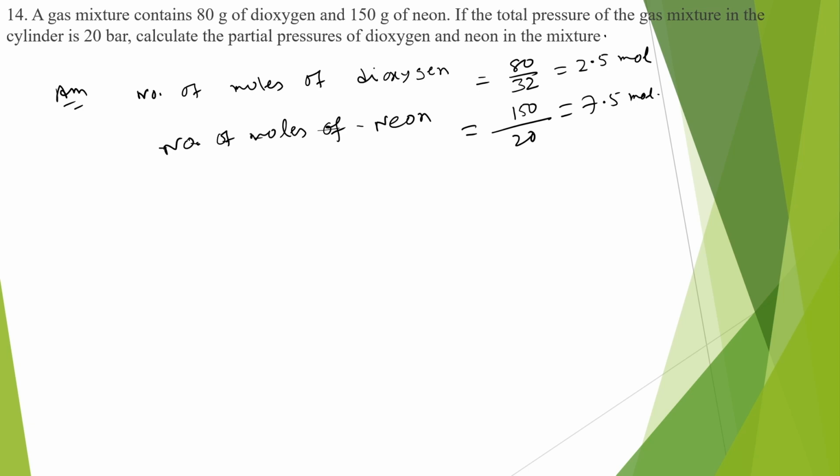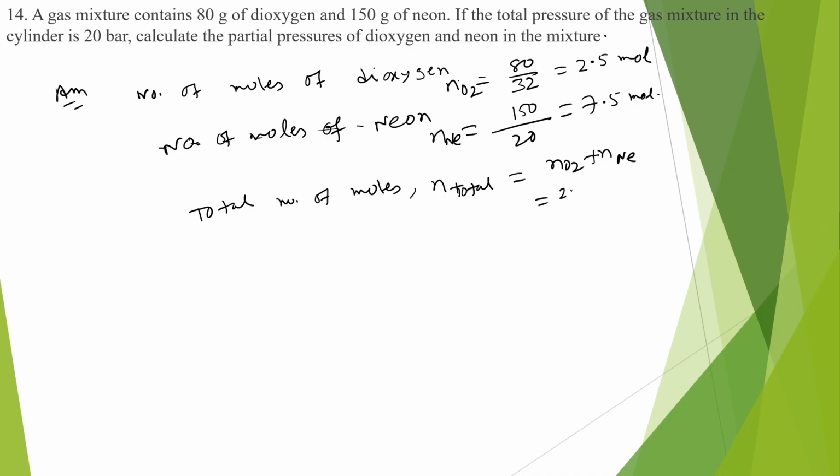Okay, so total number of moles. We call number of moles of dioxygen N O2 and number of moles of neon N neon. So total number of moles in the cylinder, if we call it N total, is N O2 plus N neon.